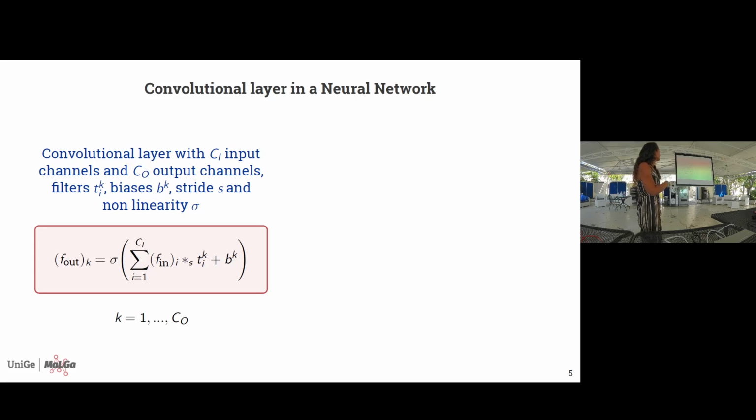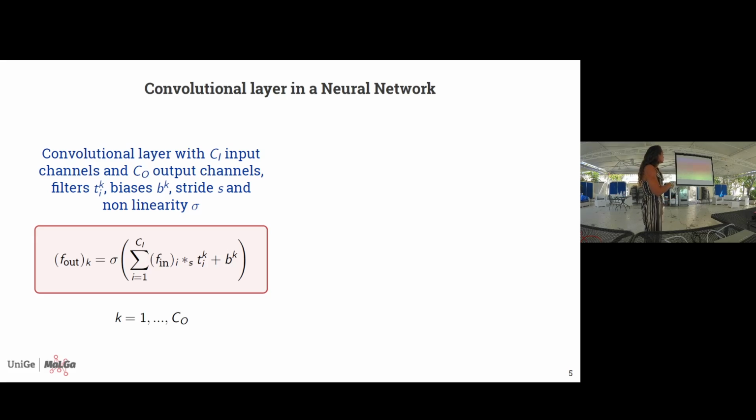We can see that the K-th output image is sigma applied to the sum over the input images of the convolution between the input image and the filter, plus the bias, for every K in the output channels.